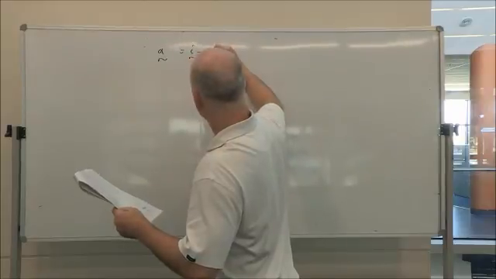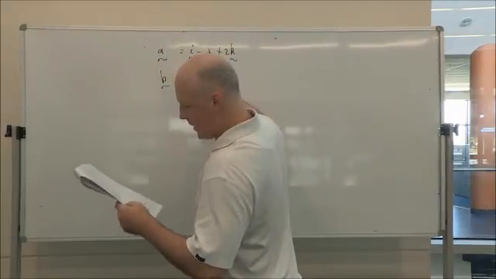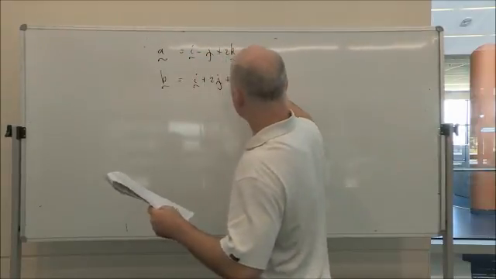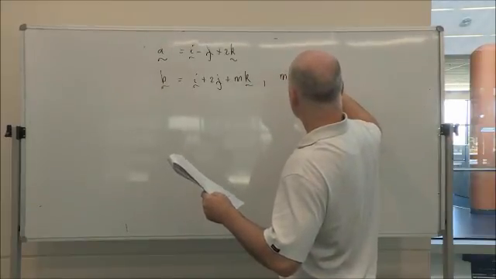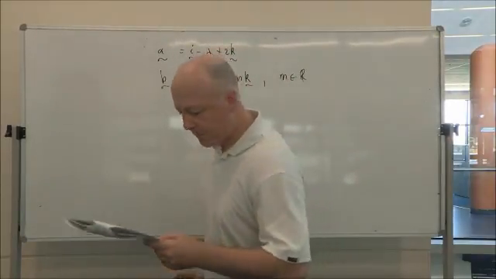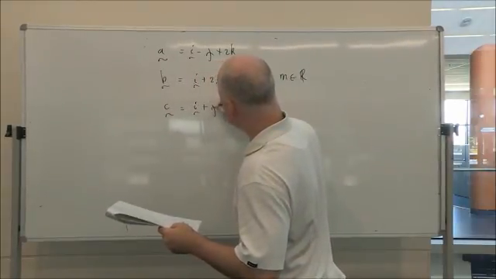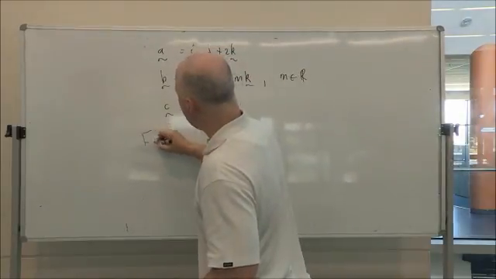And we've got the vector B, and that's equal to the vector i plus 2j plus mk, where m is some number, we don't know what it is. And C is the vector i plus j plus k.